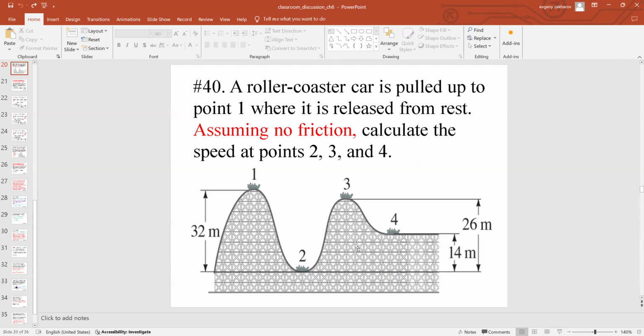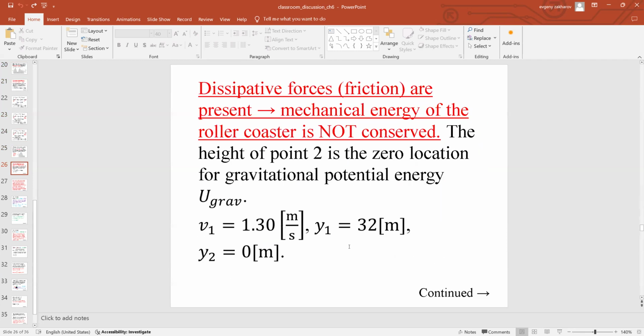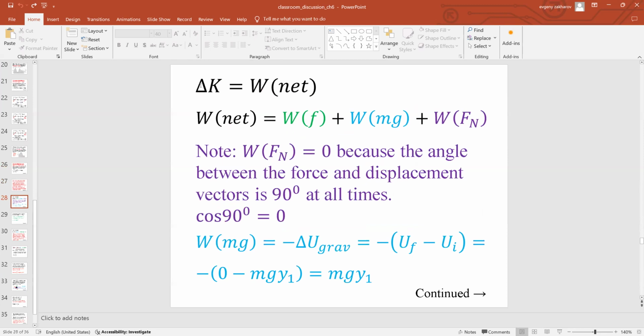K plus U here, and no K plus U, but rather the change in kinetic energy work done theorem for the problem that has friction. Give it a try. You can also do it with energy balance, but chances are you're going to make a mistake while adding or subtracting work done by friction. If energy balance makes more sense, go ahead, do it. You'll get full credit either way.